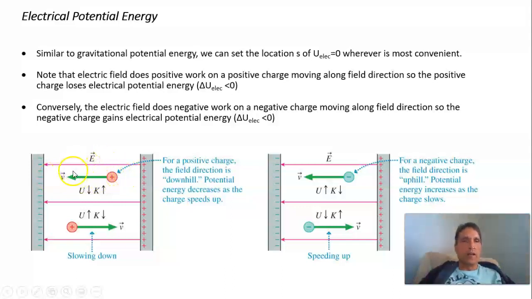Because the displacement and E are in the same direction. The electric field does negative work on a positive charge or any charge going against the hill, going uphill. So a positive charge going from the negative to the positive plate is going uphill, and the field will do negative work. And it's the same with negative charges, it's just all your signs are flipped here.